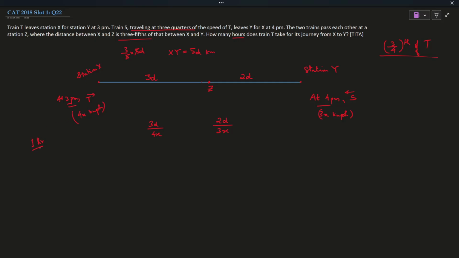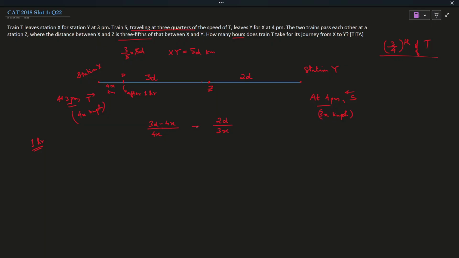So at 4 p.m., after 1 hour, let's say train T is at point D. What is the distance traveled? Distance is speed into time. Time is 1 hour and speed is 4x kilometers per hour, so this distance is 4x kilometers. So now the remaining distance is 3d minus 4x.